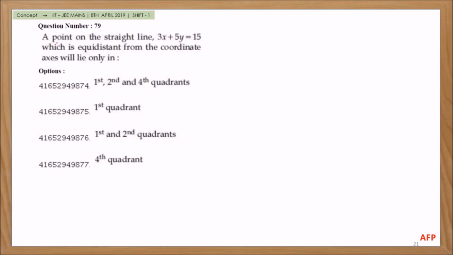Next problem: a point on a straight line, this is the equation of the straight line they have given, which is equidistant from the coordinate axes, will lie only in which quadrant? So let us draw the coordinate system. Equidistant from the coordinate axes, equidistant from the x axis and y axis.